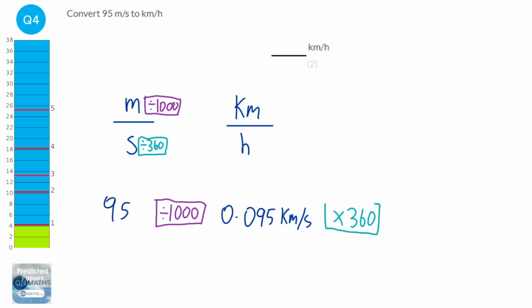So we're going to times the whole fraction by 3600. And so we do 0.095 times 3600, and you get the answer of 342 kilometers per hour. So our answer is 342 kilometers per hour.